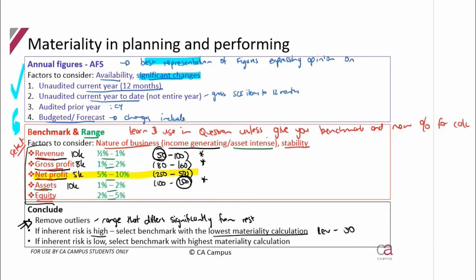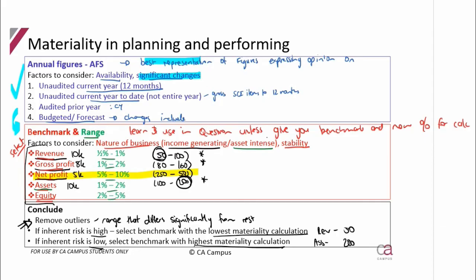The higher the risk, the lower I want my materiality, to include more areas of risk, more potential misstatements, because I've lowered the figure. However, if I conclude inherent risk is low just based on the information in the question, I'm going to go with the higher materiality calculation, and I might choose to go with the assets and set materiality at 200.